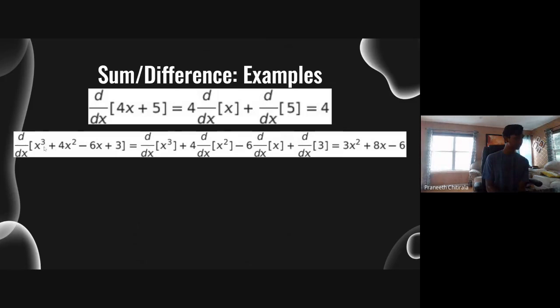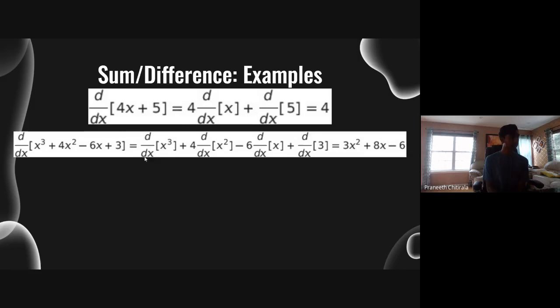Now, this is a larger polynomial, but you can just use the same rules. Use the power rule, the sum rule, the difference rule, and the constant times a function property. So you can separate all of these functions.